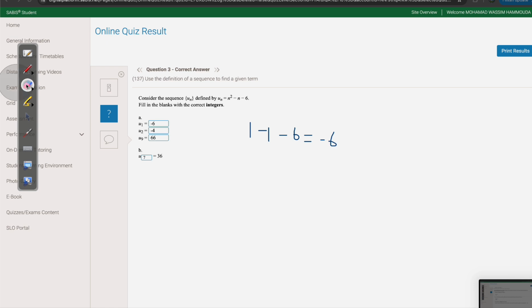Then you're gonna substitute n by 2. So 4 minus 2 minus 6 is -4. And then you're gonna substitute n by 9. So 81 minus 9 minus 6, which is 66.